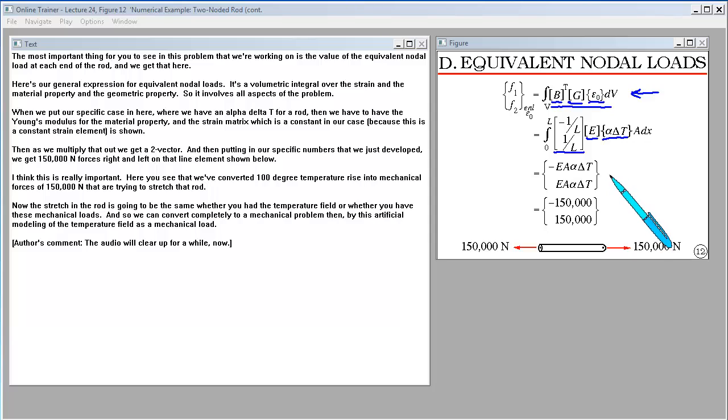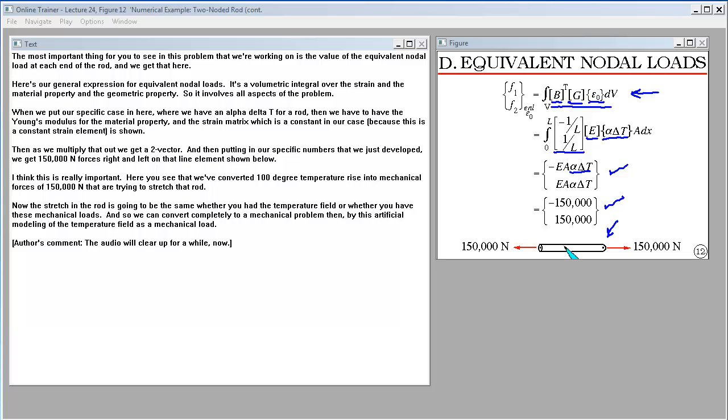Then as we multiply that out, we get a 2 vector, and then putting in our specific numbers that we just developed, we get 150,000 Newton forces right and left on that line element shown below. I think this is really important. Here you see that we've converted a 100-degree temperature rise into mechanical forces of 150,000 newtons that are trying to stretch that rod.